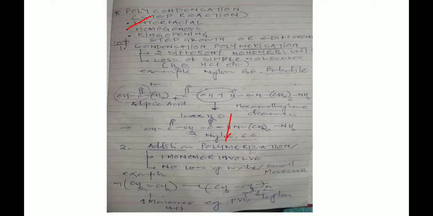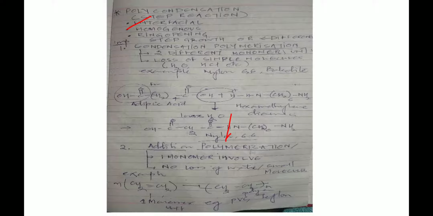Today's session is mostly an introductory session, a basic definition with an example, and in the coming days we are going to go into more detail regarding step growth and addition polymerization, with a more in-depth understanding of the basic reaction, right?